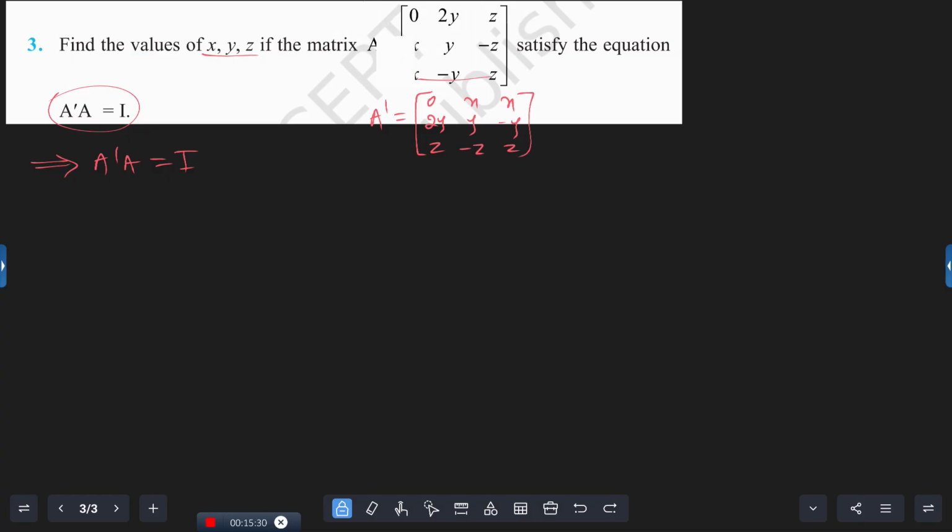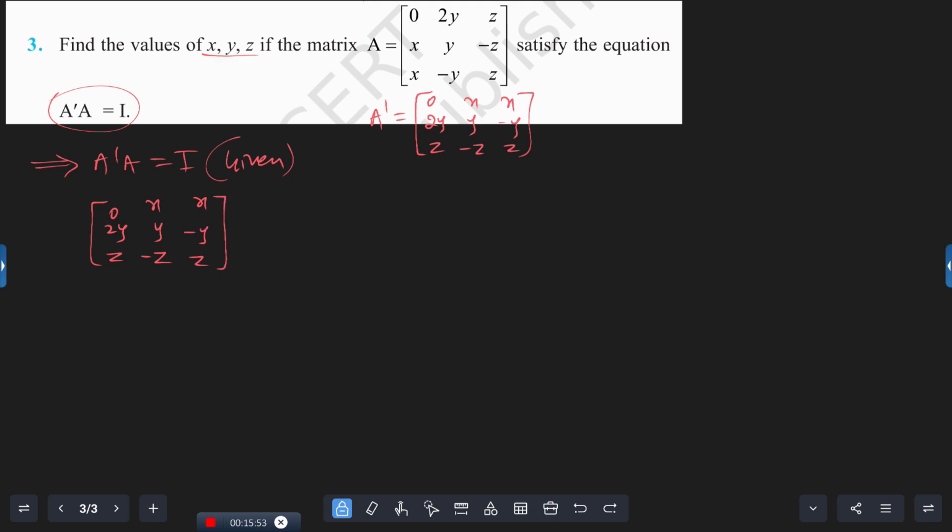Now we have both A dash and A. What are you going to do? If you apply here, it should give I. This is the given condition, take it as it is, don't disturb anything. A dash we have 0, 2y, z and x, y, minus z, x, minus y, z.